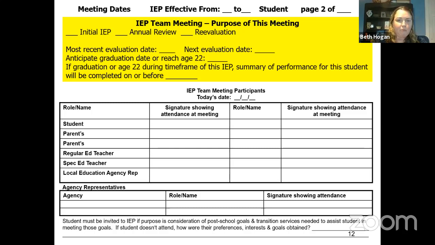The next line talks about summary of performance. This is basically a summary of everything that the student has completed in terms of transition and work experience and things along those lines. It's a great document that informs any future services. It is helpful info for the next steps.